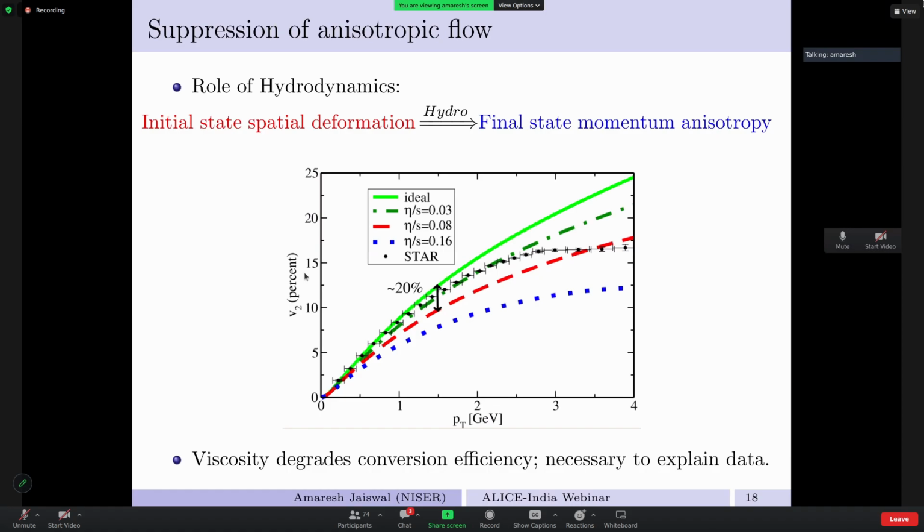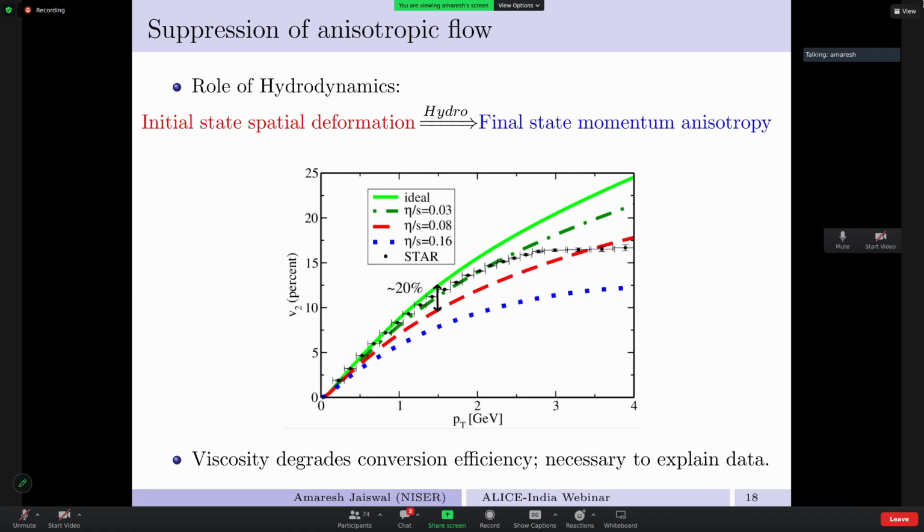As we saw, V2 depends on epsilon2, in the picture with initial eccentricity and final momentum anisotropy. This initial eccentricity has two directions, x and y, so it represents anisotropy in the x and y directions.